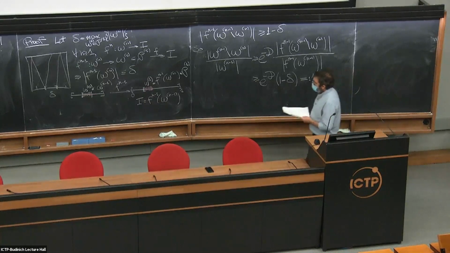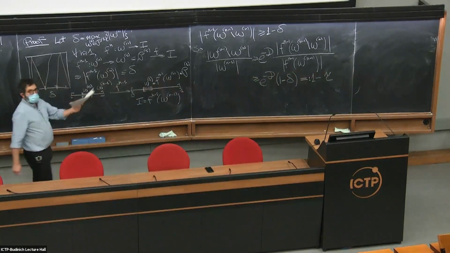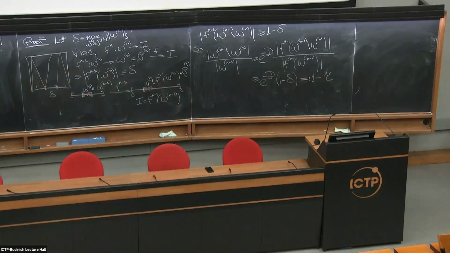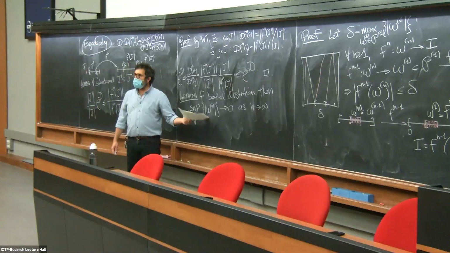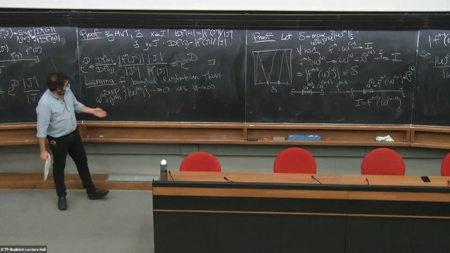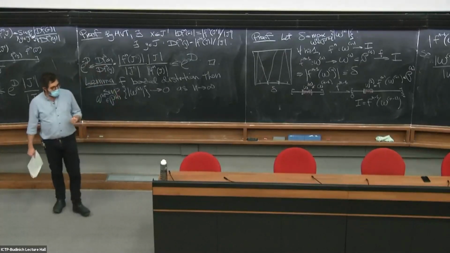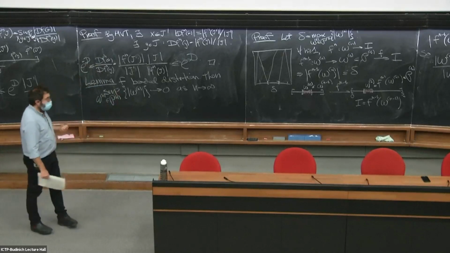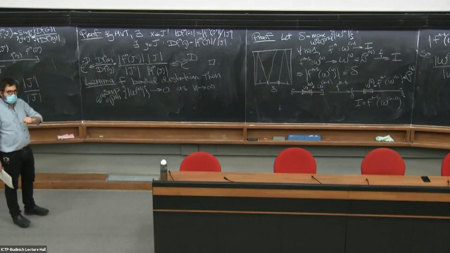Okay, so what am I trying to do in this whole case? Let's just remember what we're trying to prove, that this goes to 0, right? And so the easiest way to show that this goes to 0 is to show that every step you reduce by a factor, right?